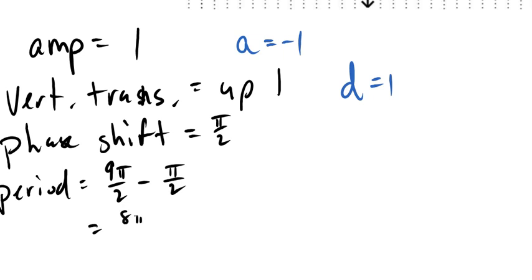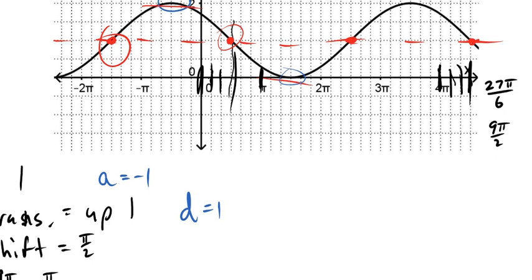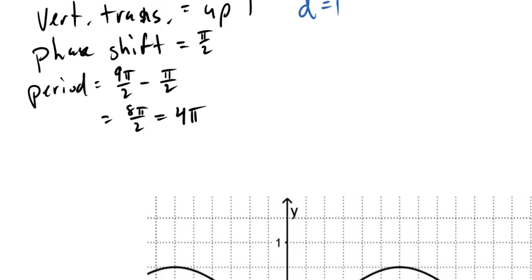Nice. 8 pi by 2, which is 4 pi. So how could I have come up with 4 pi? Well, there's 4 pi. 0, 1, 2, 3. So I could have just used some common sense too, right? But that being said, the fraction math is something that you need to be able to do at some point. So my period is 4 pi.